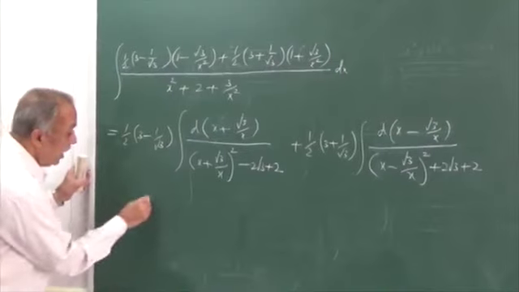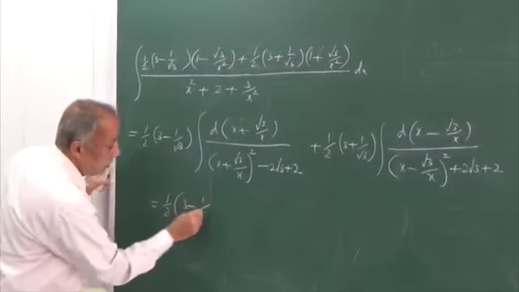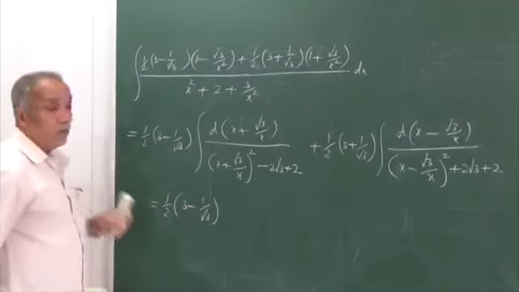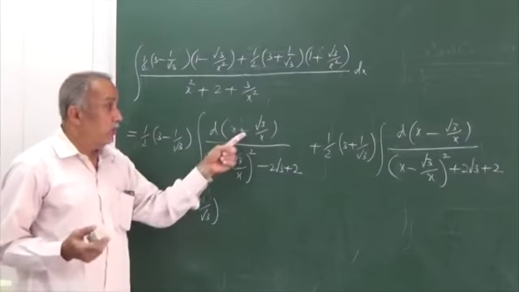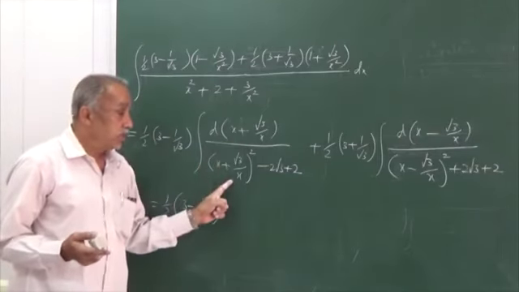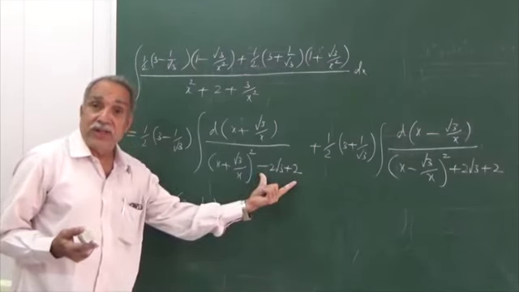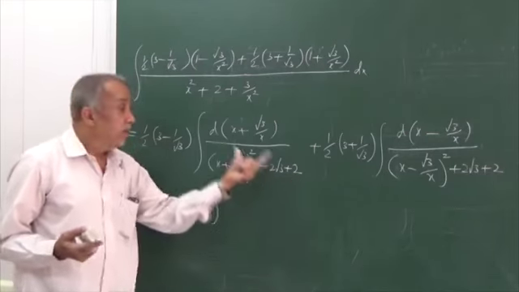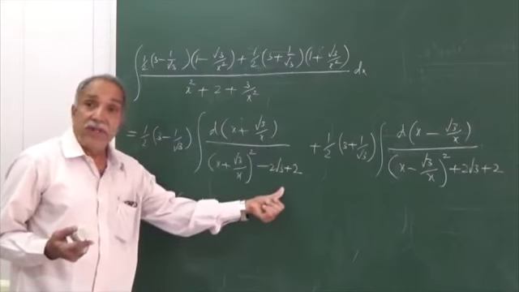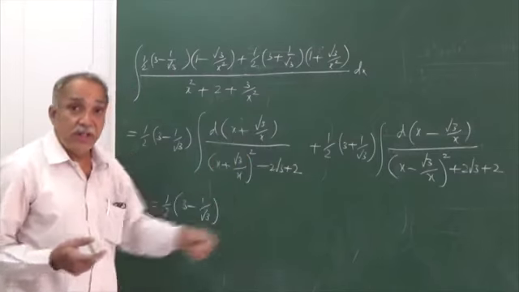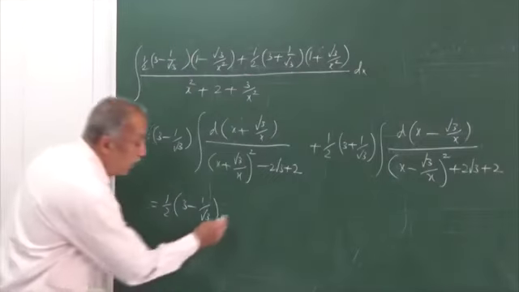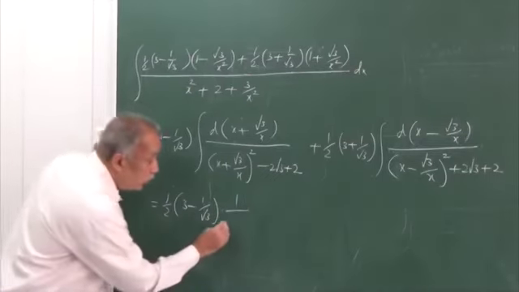This is half of (3 − 1/√3) into what is the form dt/(t² − a²). This is minus a square, dt/(t² − a²). The integral is 1/2a.